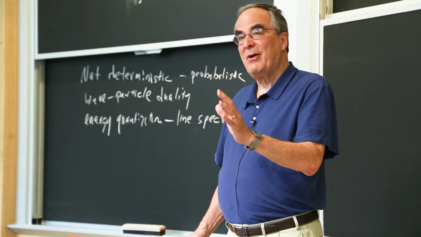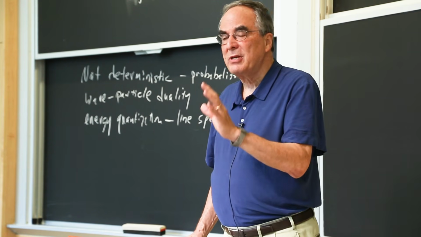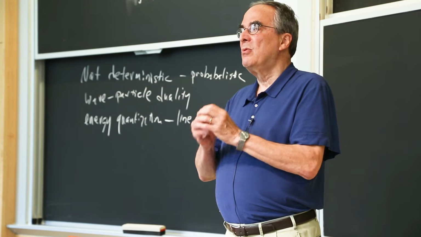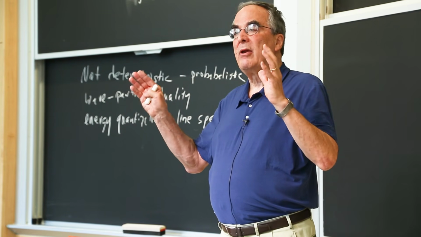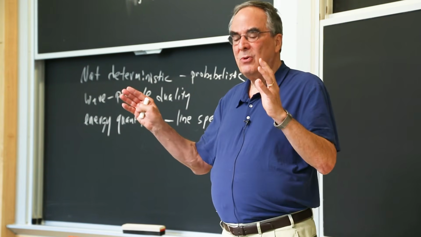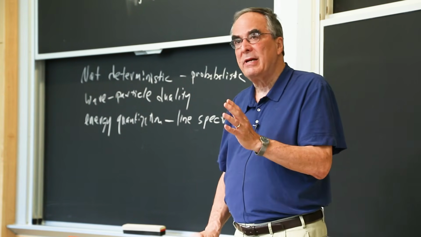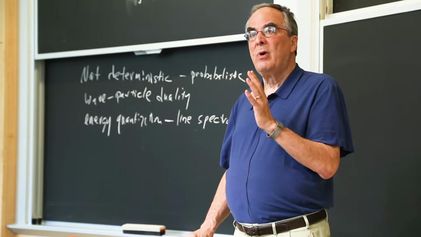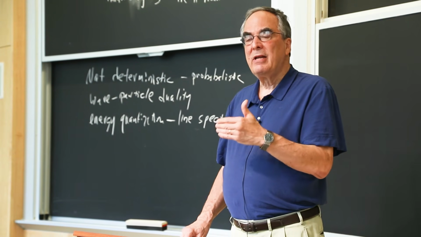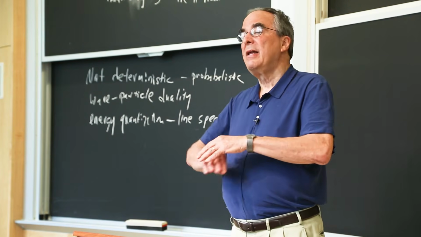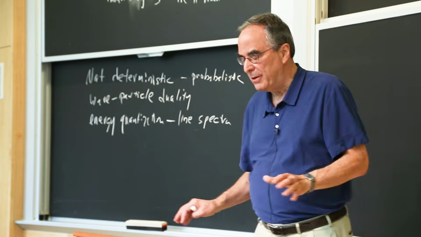I'm passionate about the matrix picture, because what it does is present everything in a way that you can then organize your insights. Whereas the Schrödinger picture mostly involves solving one complicated differential equation after another, and the focus is on the mathematics, and it's much harder to see the big picture.